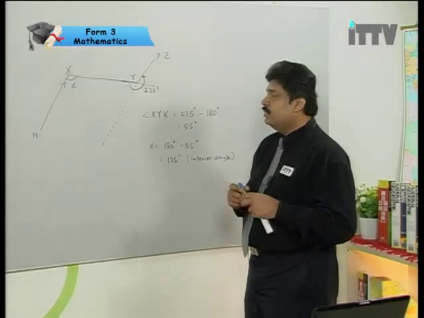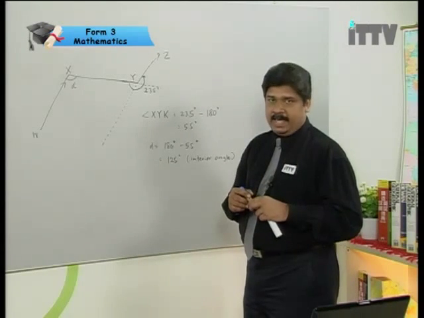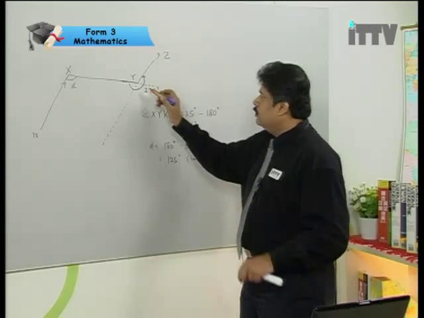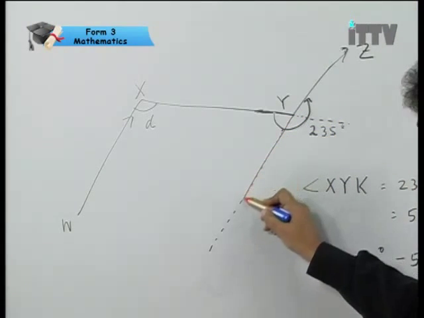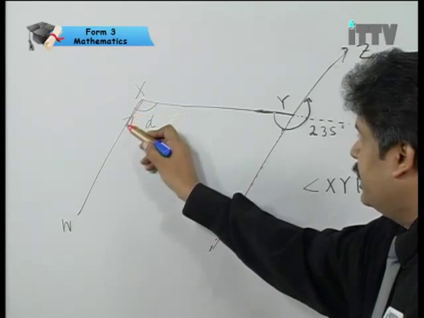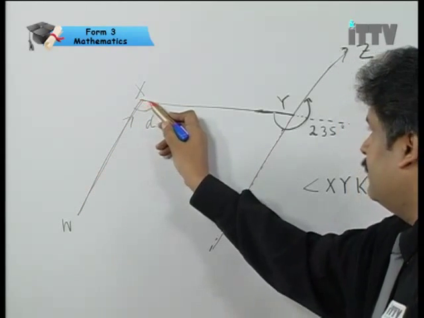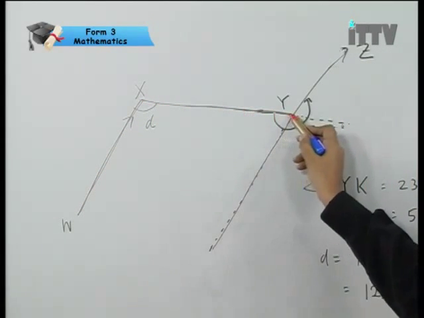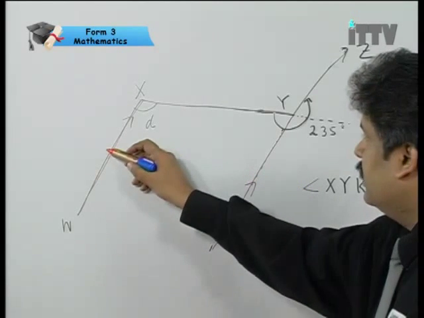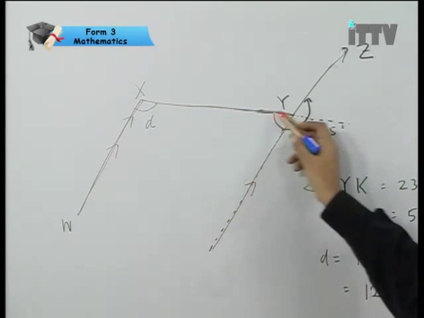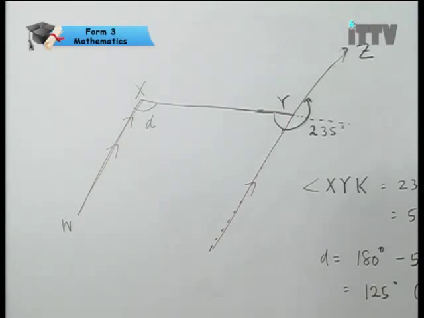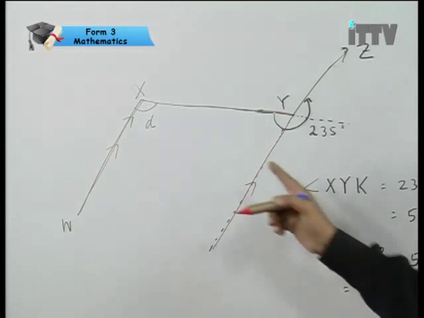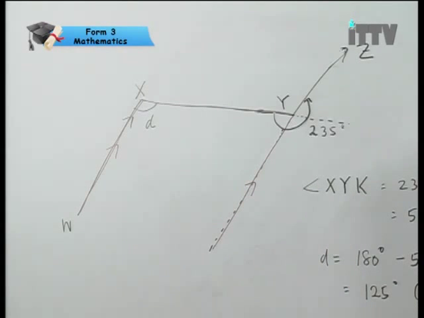As such, I'm going to draw an interior angle concept that looks like this. I have a line here and another line here, then a line across both these lines. Therefore, you can see that this is a U-shaped pattern that will give you an interior angle concept.